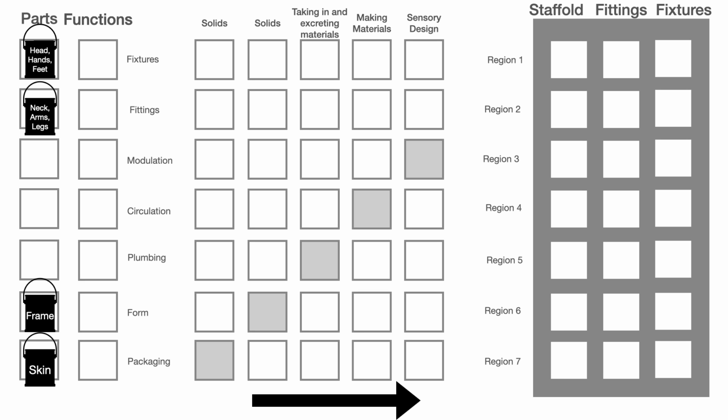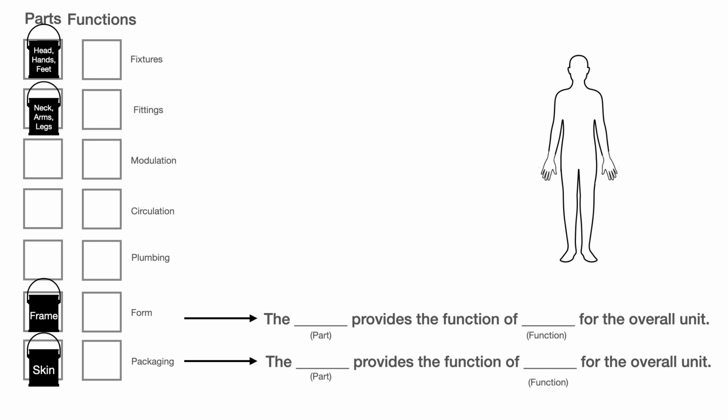Then you can do the scaffold with just the fittings and fixtures. In the second sheet, this is kind of cool. It's fill in the blank with the part, and then provides the function of, then fill in the blank with the given function, and then it's for the overall unit.